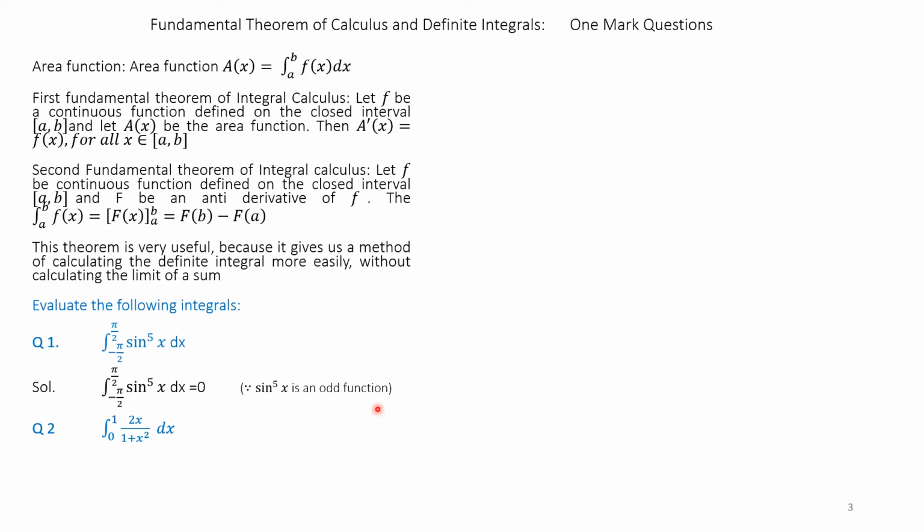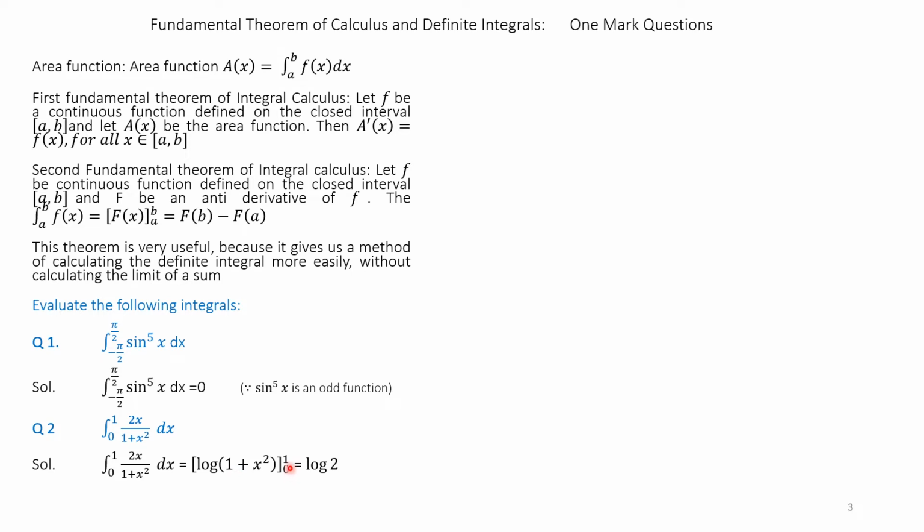Question number 2. Integral from 0 to 1 of 2x divided by 1 plus x square dx. Solution: the integral of 2x by 1 plus x square is log of 1 plus x square, evaluated from 0 to 1.